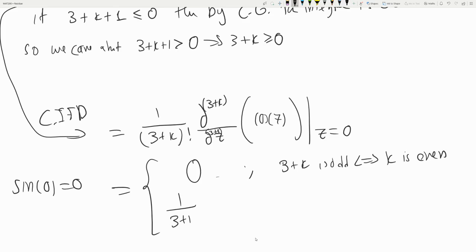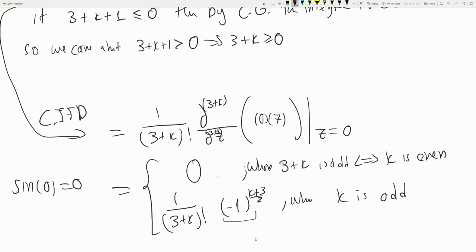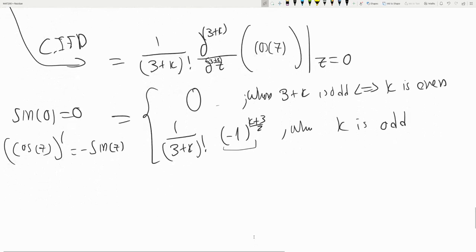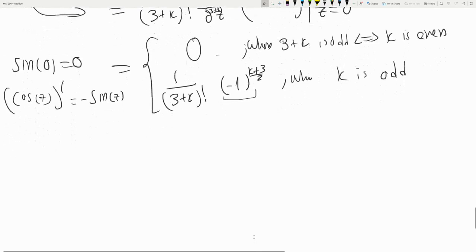And it survives to give you minus 1 to the (k plus 3) over 2 when the opposite, k is odd. This minus 1 is because if you take the derivative of cosine, you get minus sine. So that's how you pick up this minus. All right, so we found our coefficient.